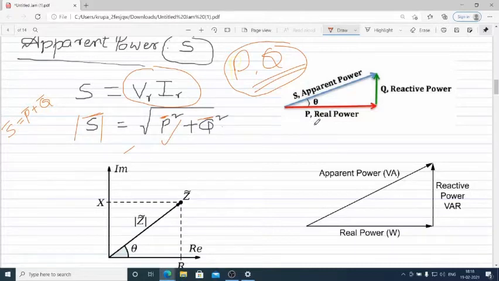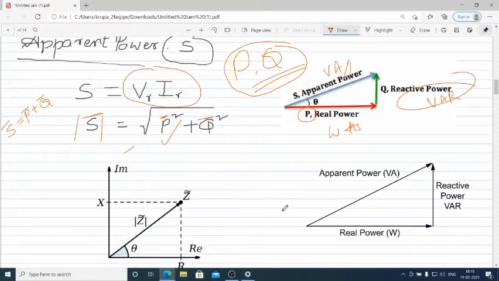From the power triangle diagram, we can represent that P is real power, measured in watts. Reactive power is measured in reactive volt-ampere, and apparent power is in volt-amperes.